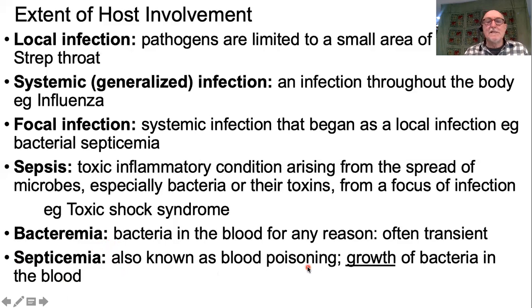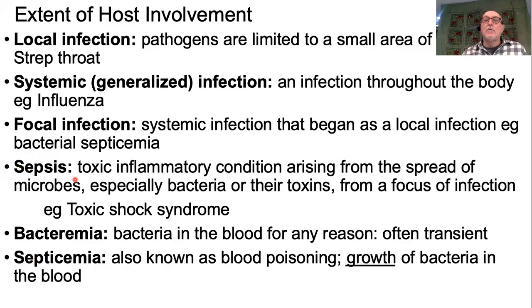In common parlance, blood poisoning, but it's actual population increase of bacteria in the bloodstream. Septicemia, which is the growth of bacteria in the bloodstream and also disseminated through the body, has to be distinguished from this very, very special circumstance, which is called sepsis.